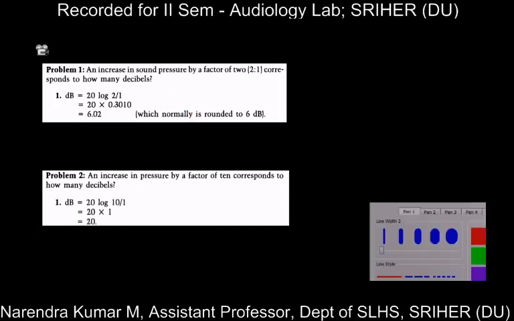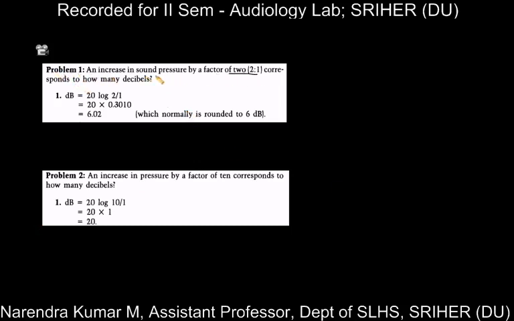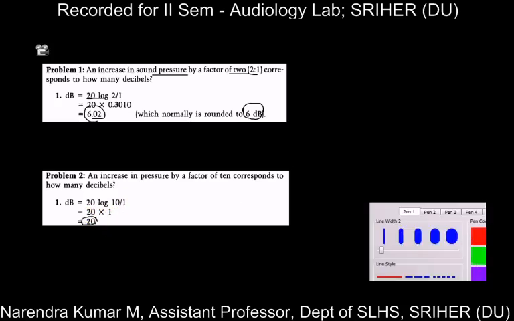Now in SPL, sound pressure level, what happens when there is a twice increment in the sound pressure? Because of the formula 20 log, we'll get 6 dB rather than 3 dB. In the same way, when the sound pressure is multiplied by a factor of 10, we'll get a 20 dB increment.